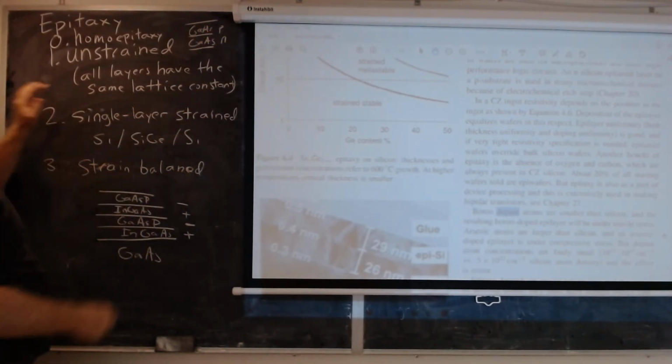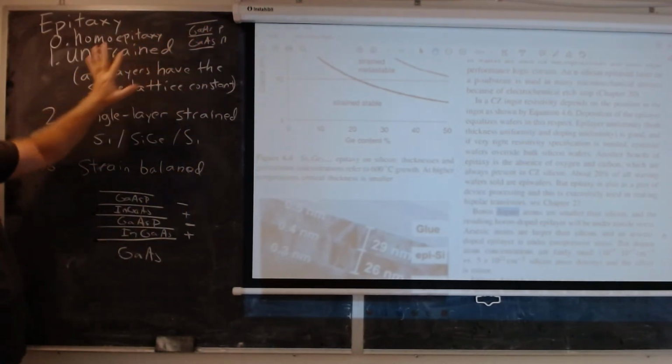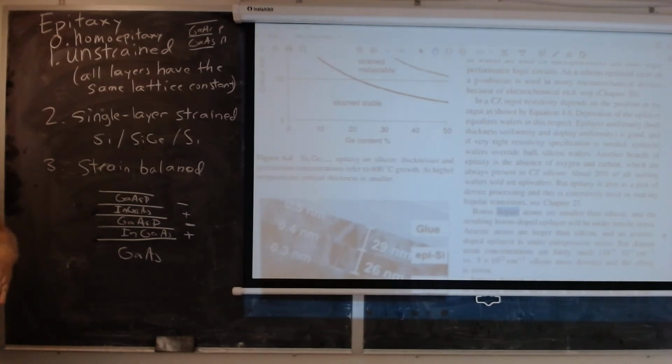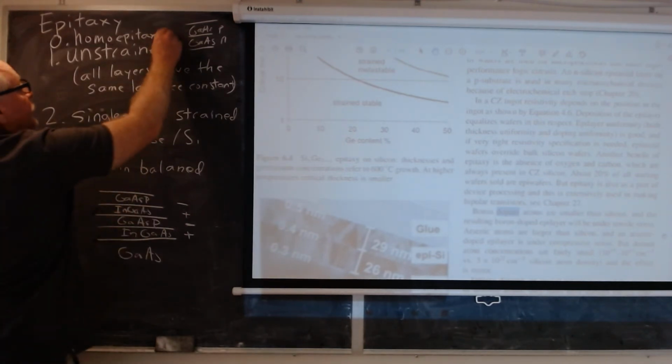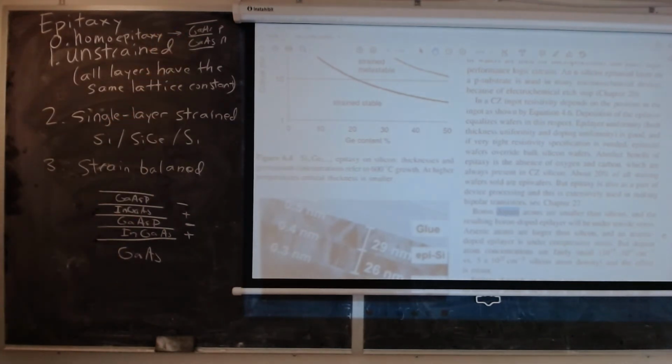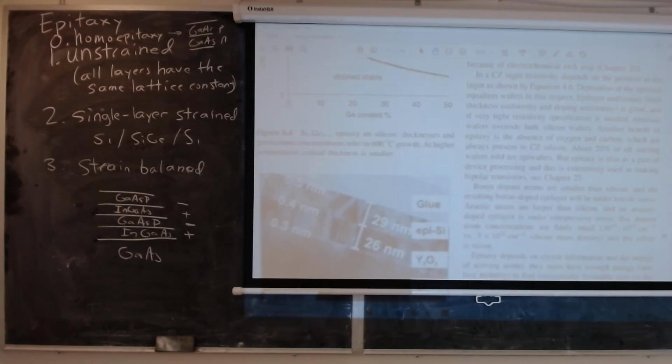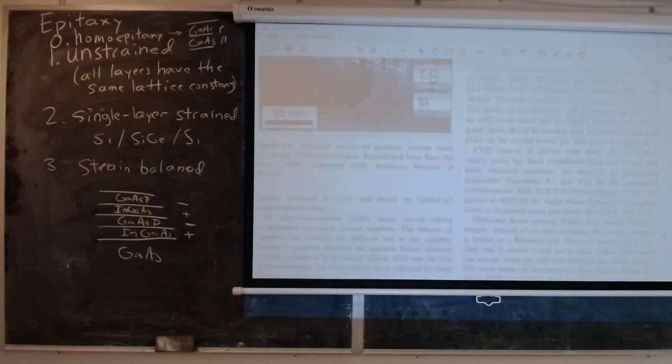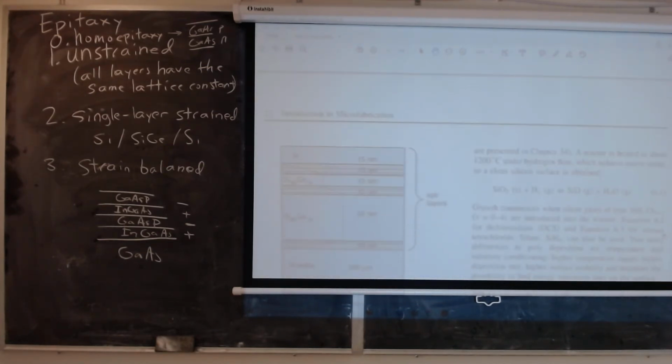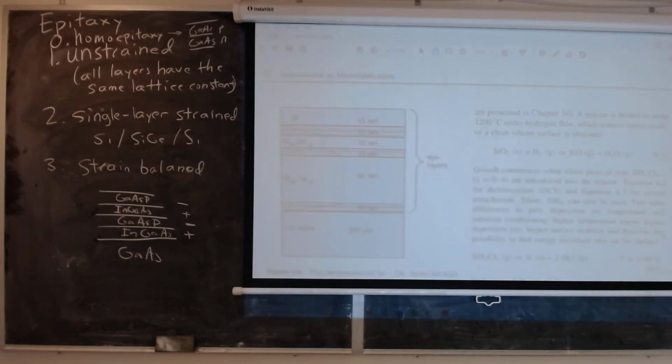And so this is a way of making an abrupt p-n junction, meaning it switches in basically a monolayer from N to P. So you can introduce dopant atoms at the same time you're growing, and that's pretty handy. Here's our silicon germanium.